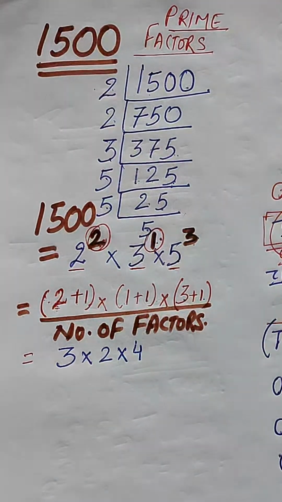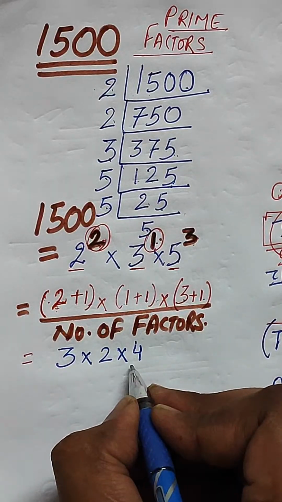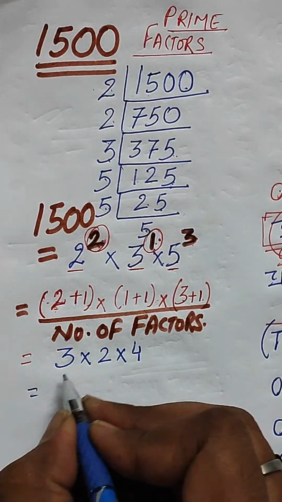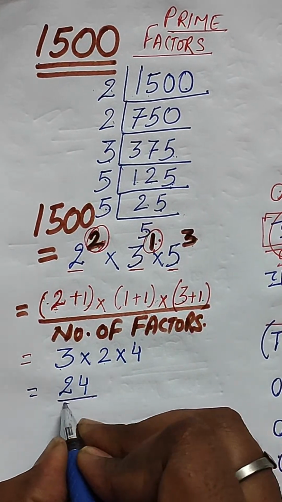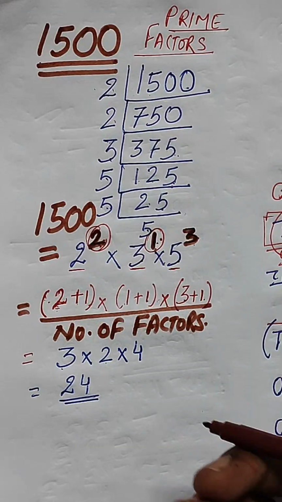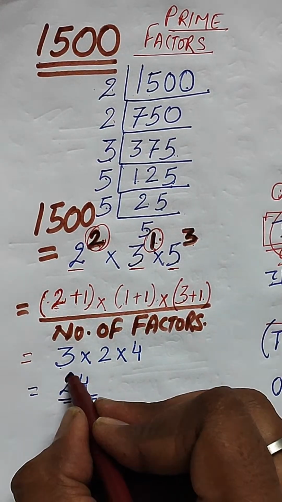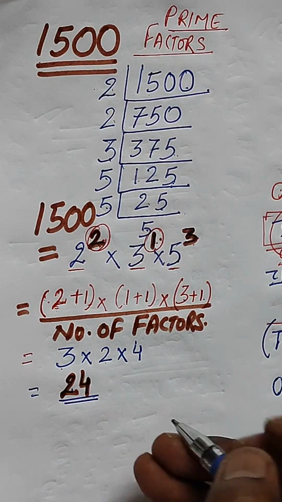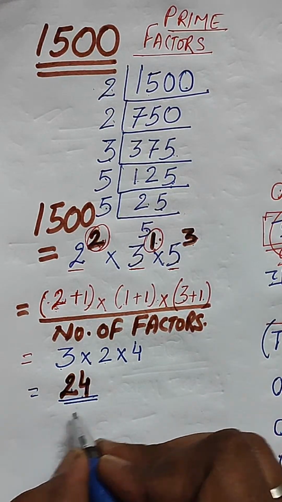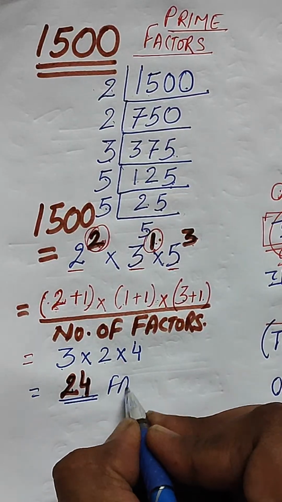When you multiply all three together you get 3 times 2 times 4, which is 24. So there are 24 factors.